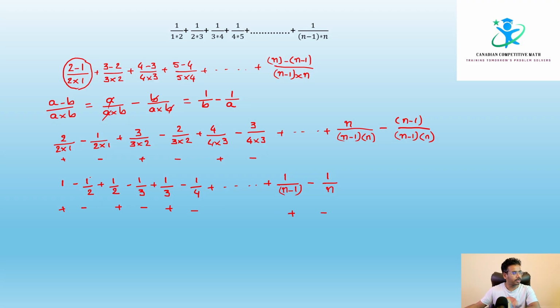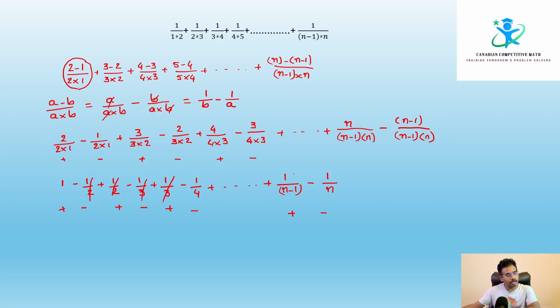But the tricky part is that the negative part in any term will get cancelled by the positive term in the next term here. So this minus 1 by 2 gets cancelled by 1 by 2. We can cross this off. Minus 1 by 3 gets cancelled by 1 by 3. Minus 1 by 4 will be cancelled by positive 1 by 4 in the next.